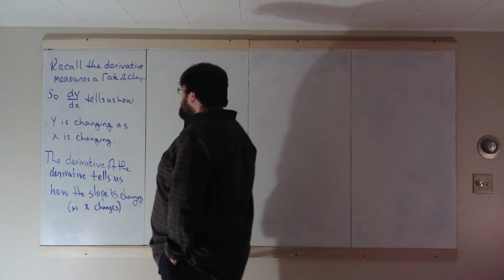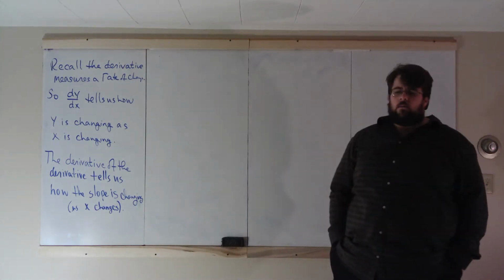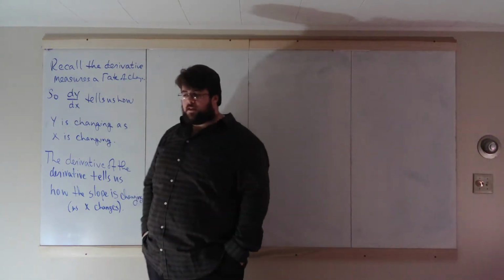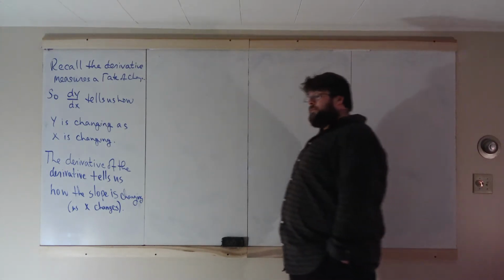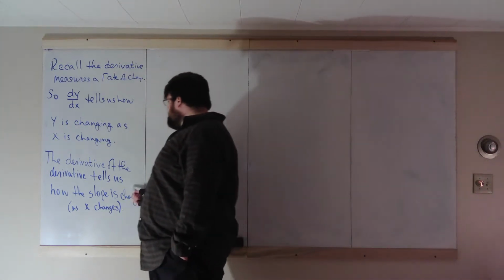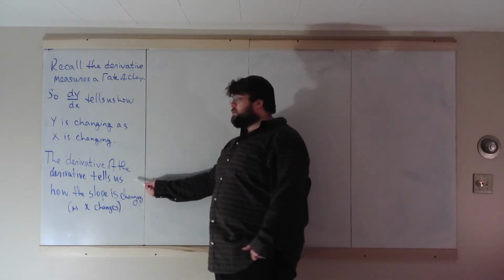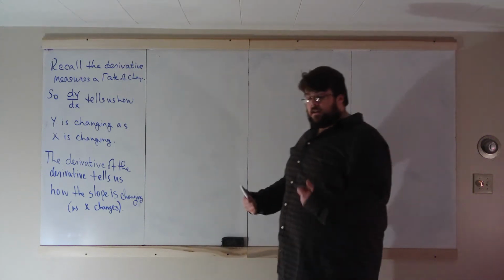But we want to look at the second derivative, the derivative of the derivative. If dy dx tells us how y is changing as x is changing, then the derivative with respect to x of the derivative tells us how the derivative is changing. In particular, it tells us how the slopes of the tangent lines are changing as x is changing.